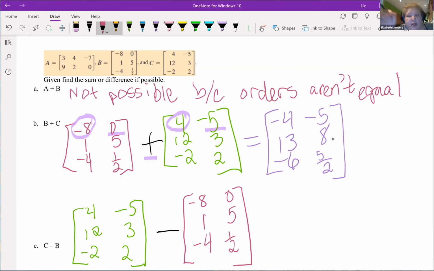And now we just subtract entry by entry, but because we're subtracting, watch out for the signs changing. Subtracting is the same as adding the opposite. So I could just flip all the signs in B here and then add, but I'm just going to run through it.